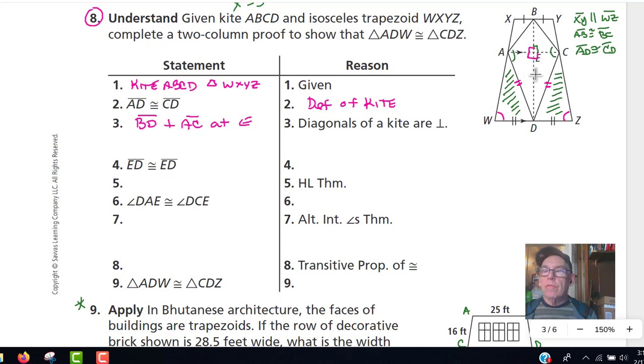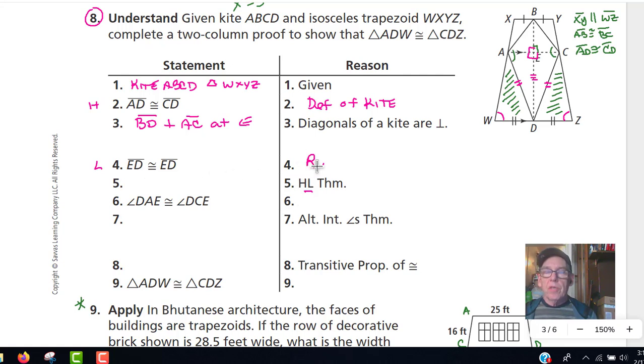ED congruent to itself. So we got that. Now this is going to be the leg. So that makes these two right triangles. This is a leg of the right triangle. And we just showed up here that we got the hypotenuse. This is the hypotenuse part of the right triangle. This part's going to give us the leg part of the triangle. So that's going to be where hypotenuse leg comes from.